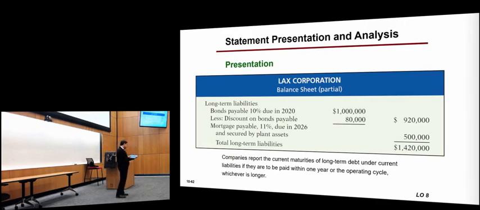Okay? So this is 11% due in 2026 and secured by plant assets. So this is, more or less, a mortgage because it's secured by assets. As you remember, the long-term liabilities that are due within a year will actually be listed under the current liability section.